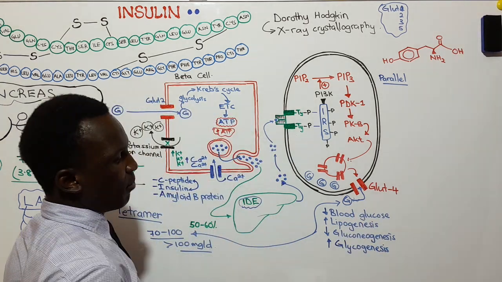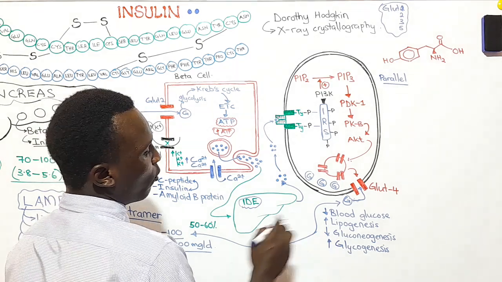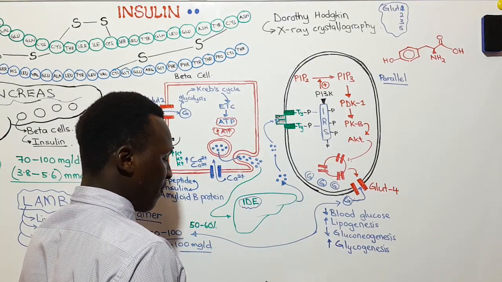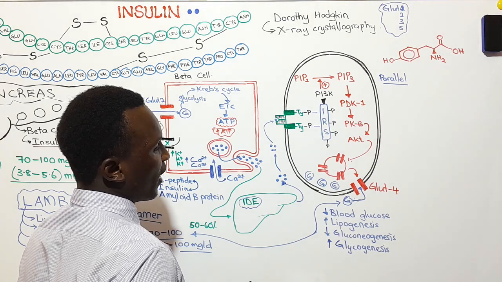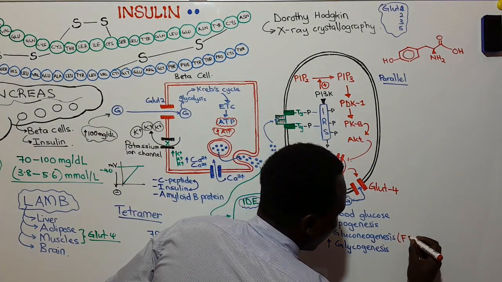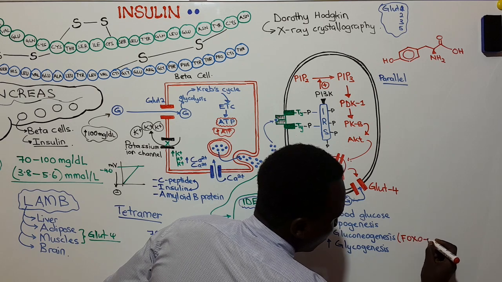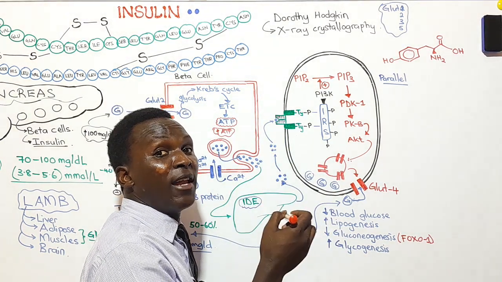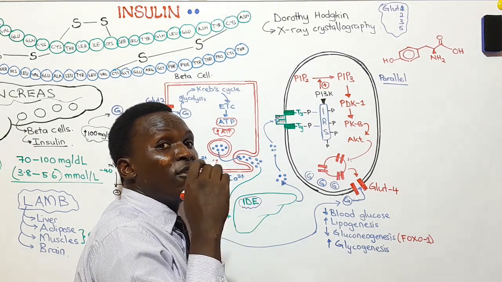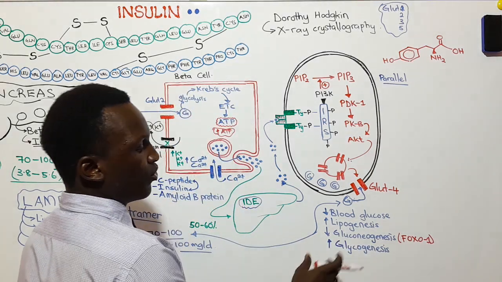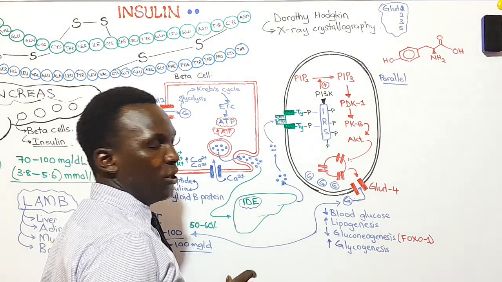But how does this happen, okay? Specifically with gluconeogenesis, there is an important transcription factor, okay? That important transcription factor is what we call FOXO1. FOXO stands for the forkhead box O1 protein, or transcription factor rather, okay? That is helpful in controlling the amount of gluconeogenesis.